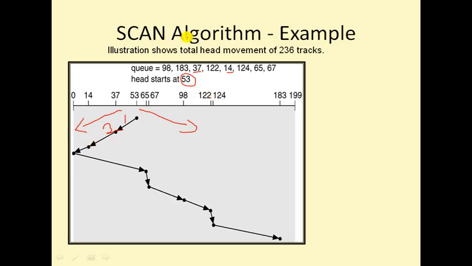But the SCAN methodology is that you start from one head position, take one direction, and go until the end of that direction. So 14 is the last track number available in the left direction. Even though 14 is the last, the head moves from 14 to 0. This is the third move.